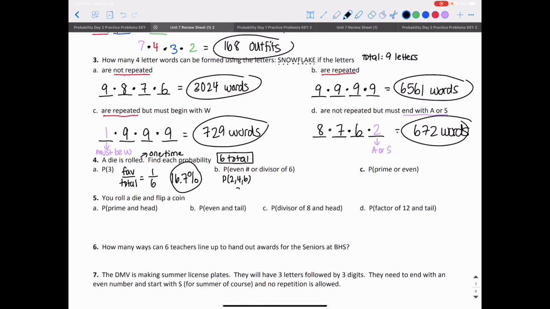So there's 3 out of 6. The favorable options is 3. And then I know to be a divisor of 6, 1 is a divisor of 6, 2 is, 3 is, 4 is not, 5 is not, but 6 is. So I have 1, 2, 3, and 6, which means I have 4.